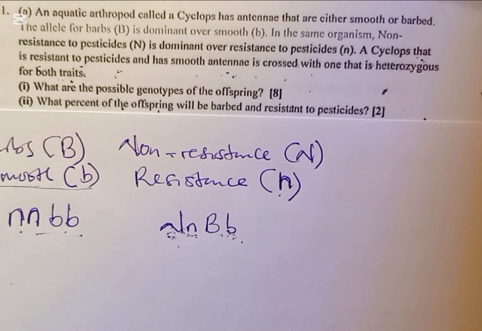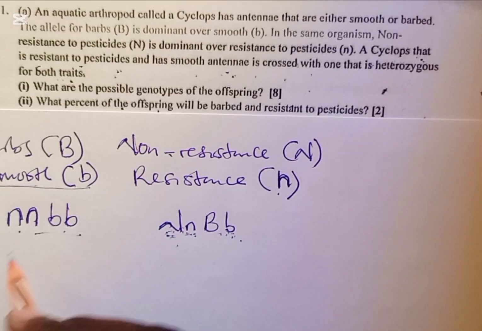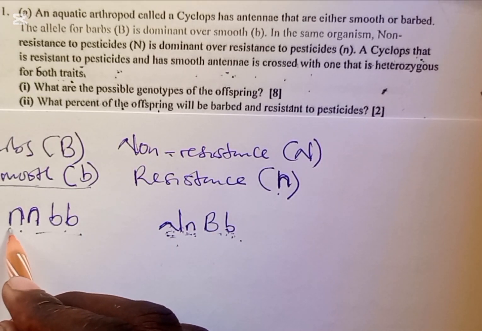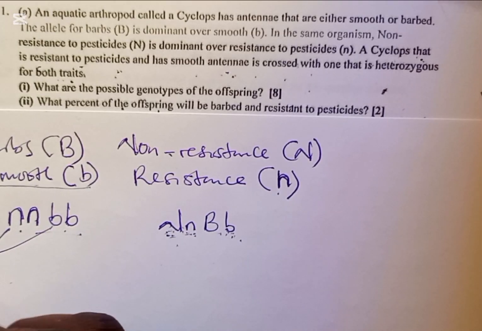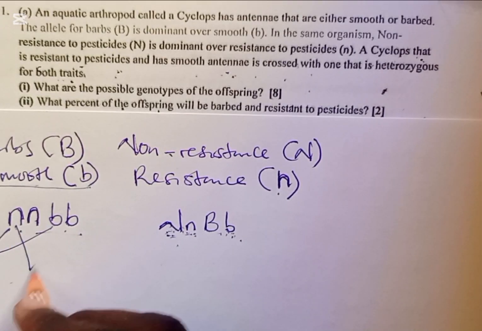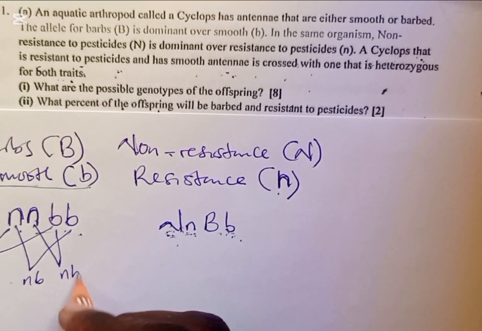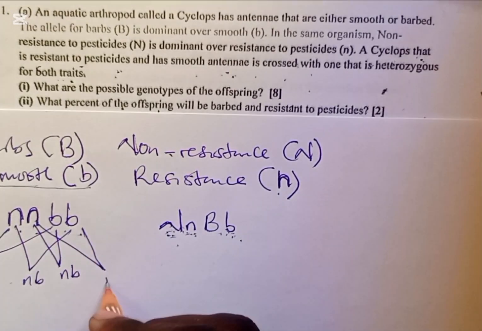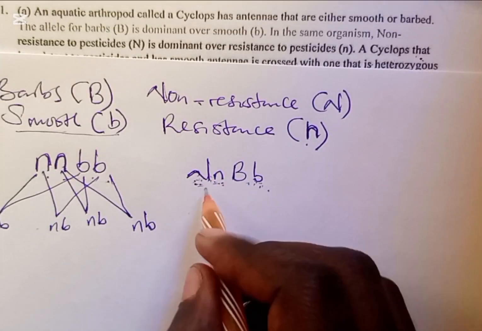So once you've done this, you now do what you call a single monohybrid cross. What you simply do is just what you've been doing. This cross will be crossed with that. You have NB, this with this, NB, this with this, NB, this with this, NB. And then you also come to this one. You do the same.